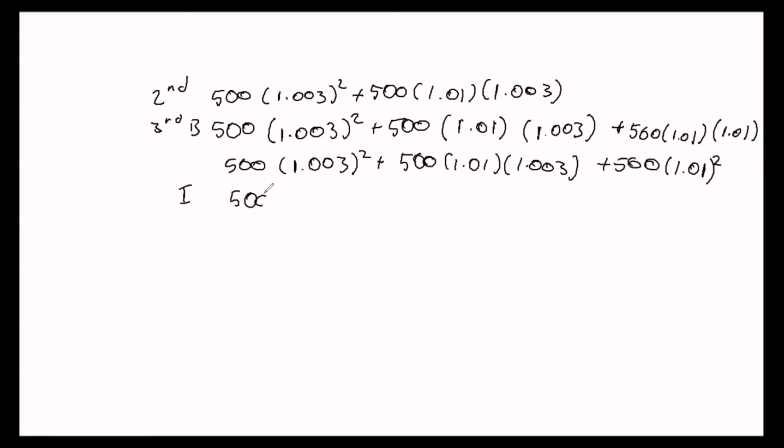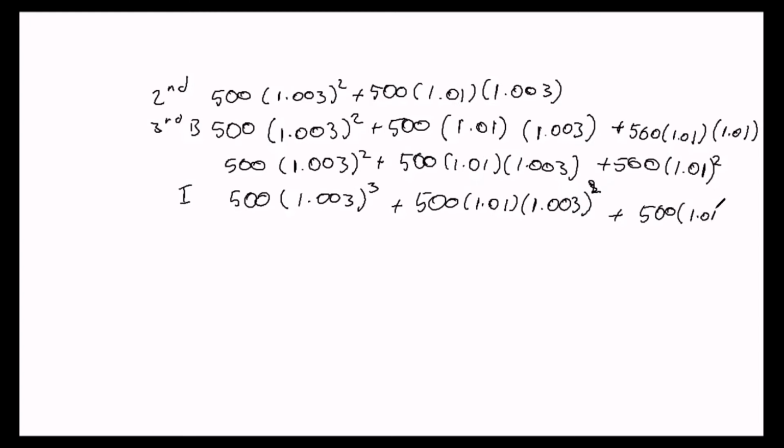We get 500, and that's going to raise this one to a new power, and then plus 500 times 1.01, and that raises this one to a new power as well, so 2, plus 500 times 1.01 squared, and that's going to be bracket 1.003, right?